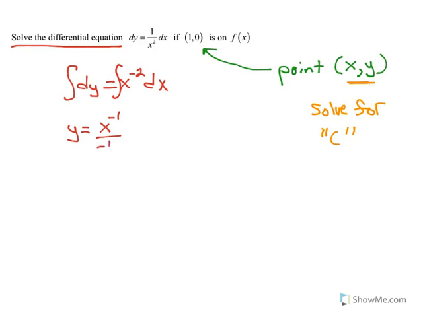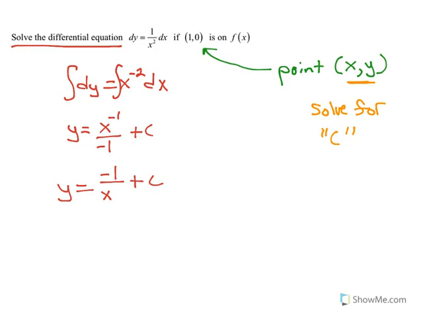So up to negative 1, divide by negative 1. And don't forget your plus c. And before you plug in your x and y, you can rewrite this a little bit if you want. So y equals, we know the x to the negative 1 can go down bottom as x to the positive 1. We need a negative 1 so that our fraction stays negative, plus c.